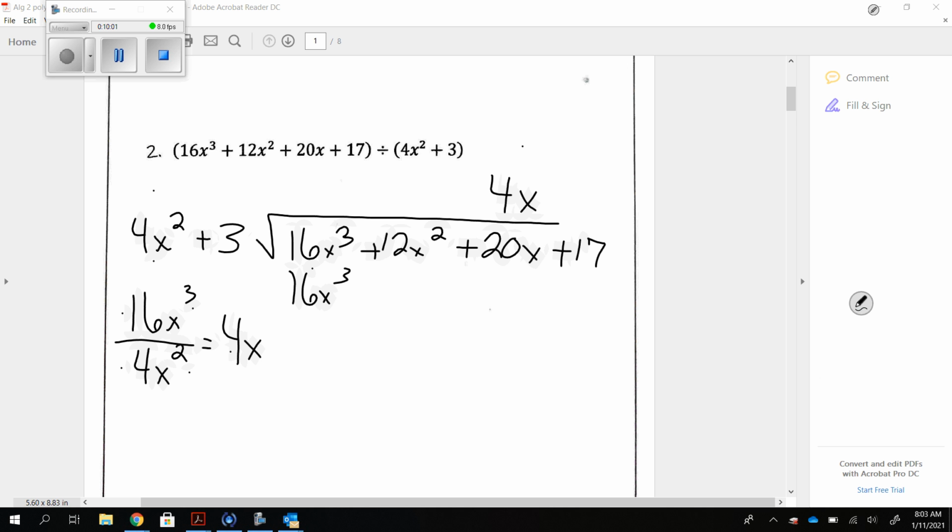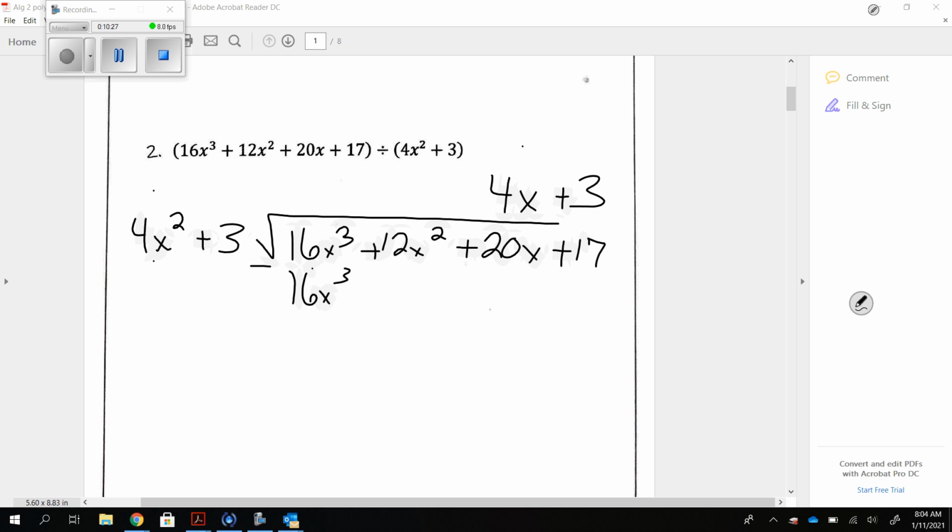That's easy. All right, and we know we're going to subtract, but before we subtract, we need to do the second one. We need to do 12x squared divided by 4x squared. All right. We know these obviously cancel out. That's easy. 12 divided by 4 is 3. So that's going to be 4x plus 3.